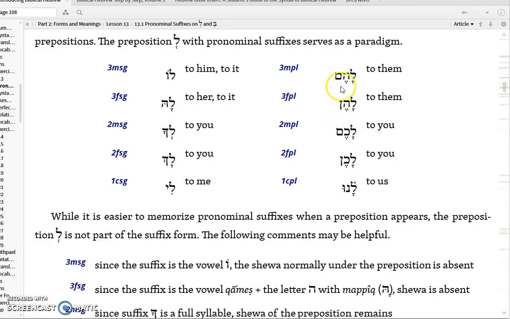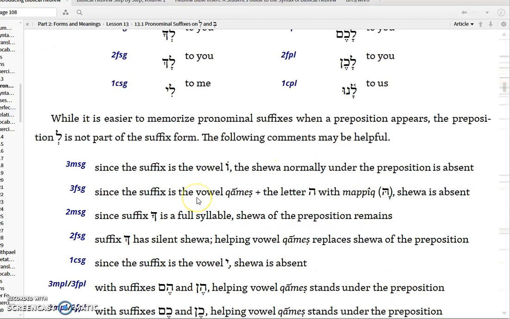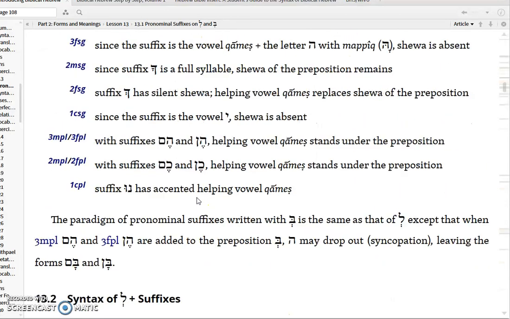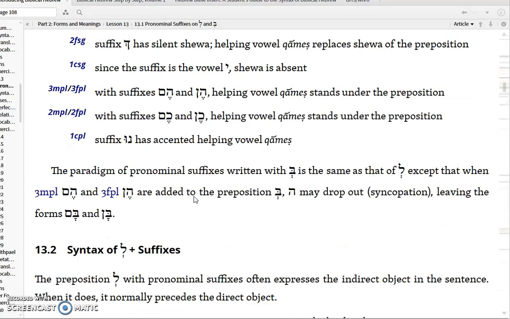And so if you can remember, M is for men, so if it's lahem, well, it can't be second person, it has to be plural, and third person masculine plural is the form. Well, anyway, you're going to need to learn to recognize these different forms. And with preposition la, you get those endings. With preposition ba, you get identically the same endings.